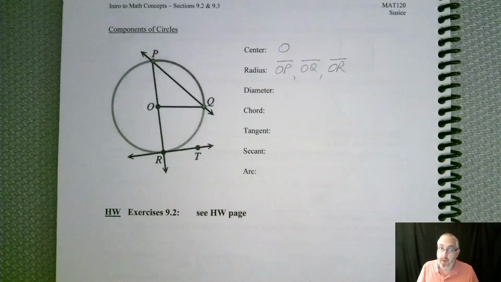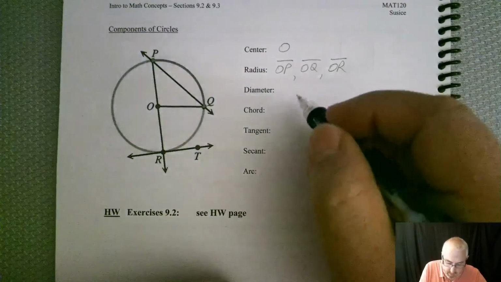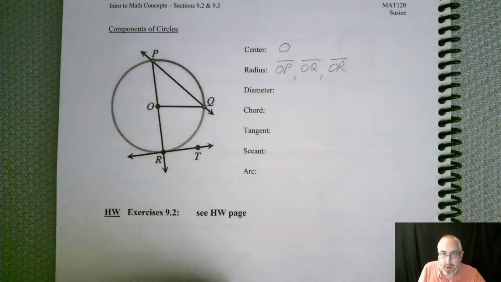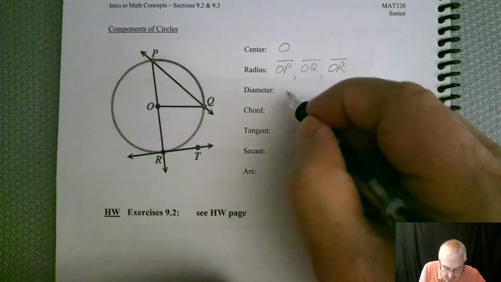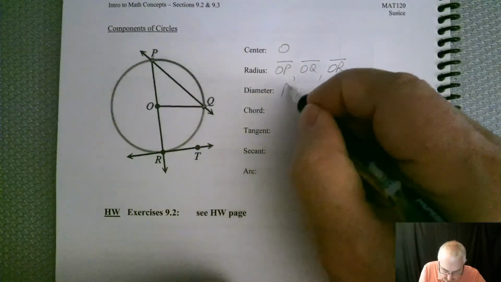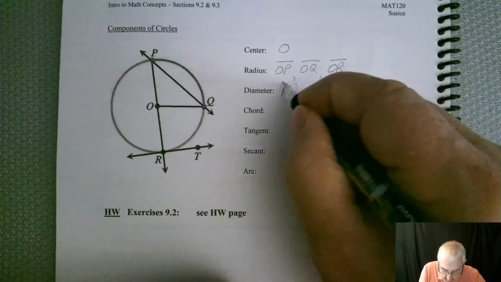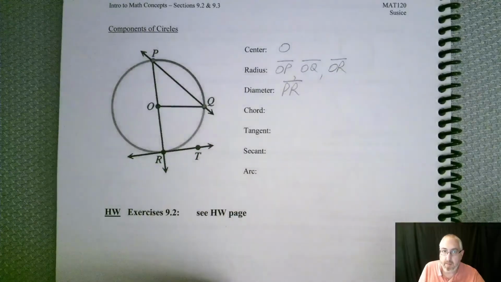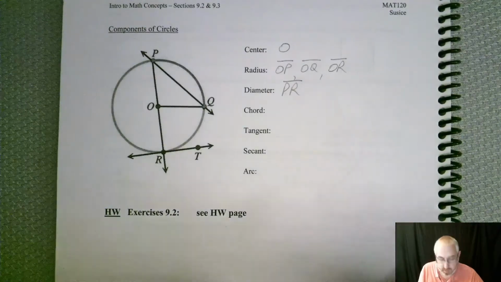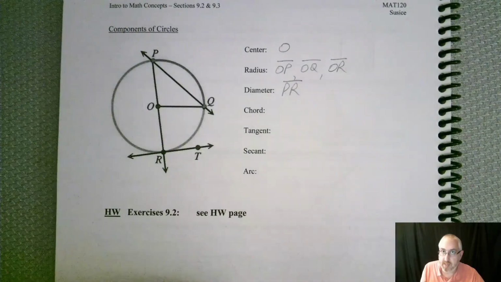Now, remember, you could write a line segment using 2 letters, but you can use 3 letters if you really wanted to. If there's a lot of action going on in the diagram, you could use 3 letters. But 2 letters would probably be enough for this one. So if I said PR, line segment, that would be fine. Or POR, or ROP. So again, you can reverse the order of those letters and it doesn't make a difference.